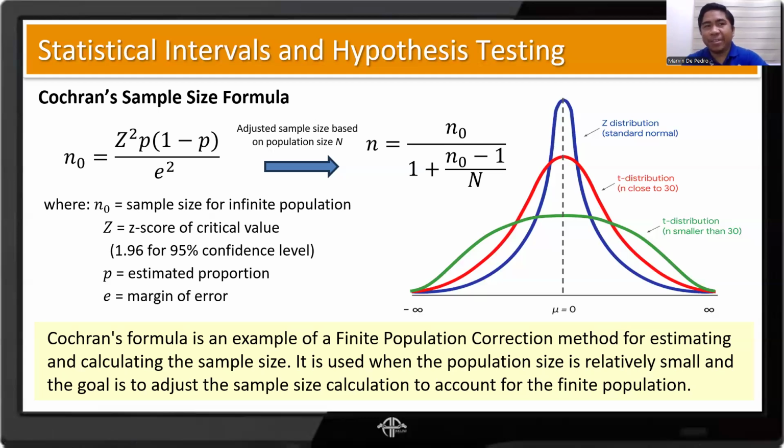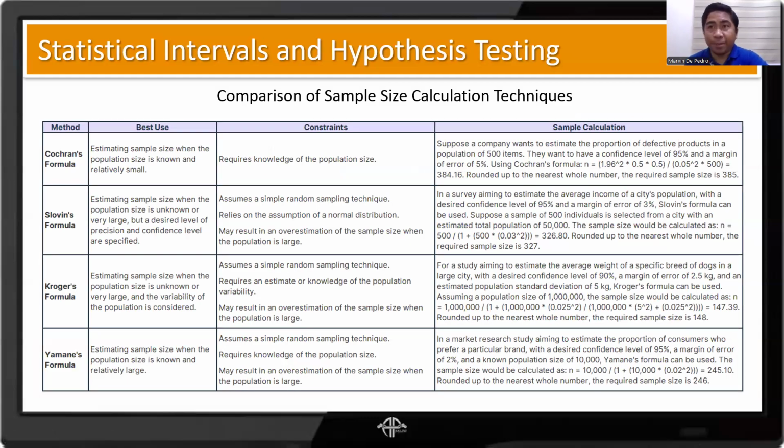Aside from this, we actually have other options, but I'm not going to discuss them. Just like what we mentioned earlier, the Cochran sample size formula is used when the population size is known and relatively small, like 500. So the sample size resulting from Cochran's formula is quite attainable.